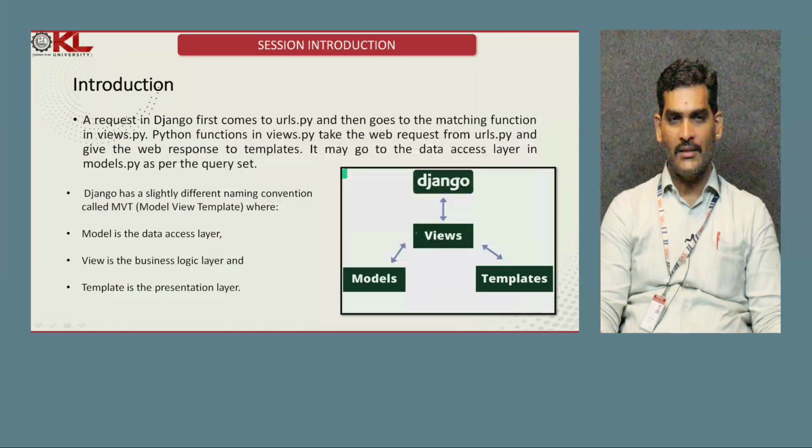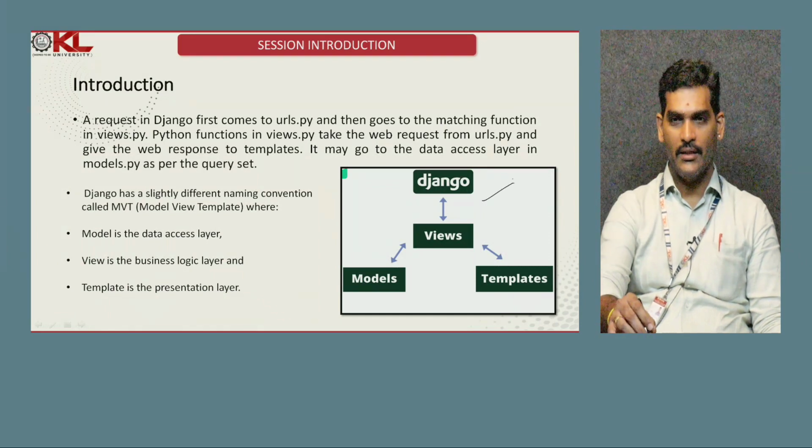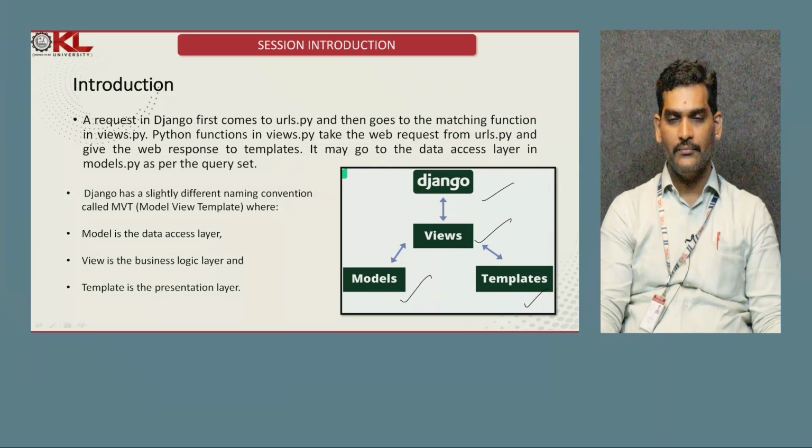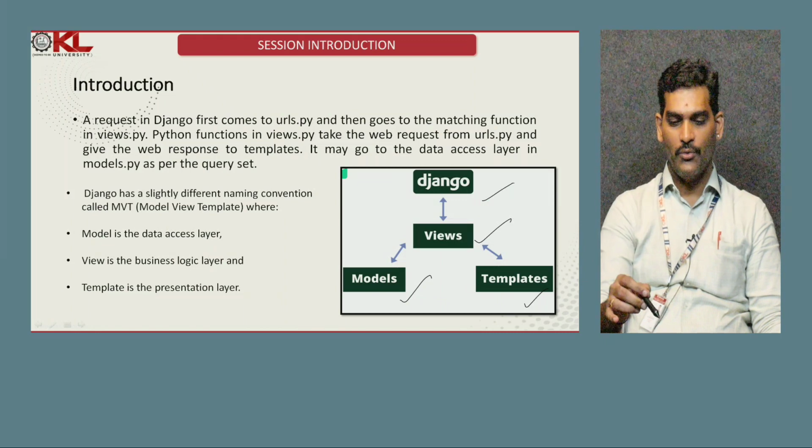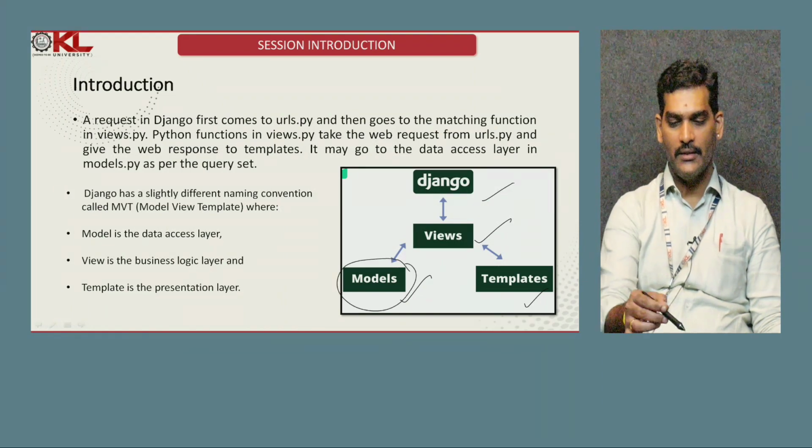Django has a slightly different naming convention called MVT, model view template. As shown in the diagram here, under Django we have views, models, and templates. In the models, we have database-related things. Templates are HTML files.